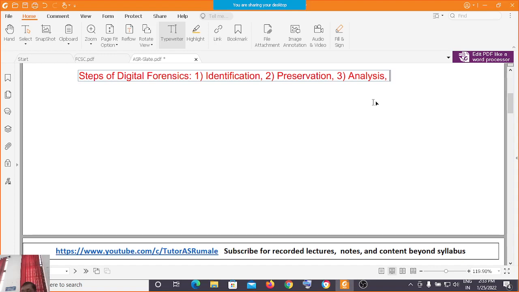Now, digital evidence in a real crime is quite difficult to prove. You are required to give strong evidence of a relationship between that digital evidence and something. For example, in this hit and run case, if you found a mobile phone at the crime place, and you say that because this mobile phone was found there, the owner of this mobile phone may be, I'm not saying is, maybe the criminal.